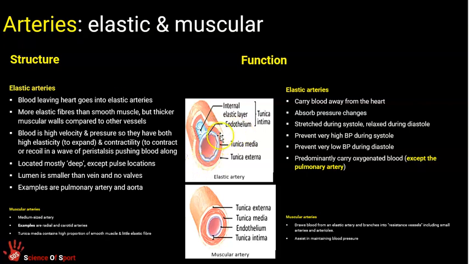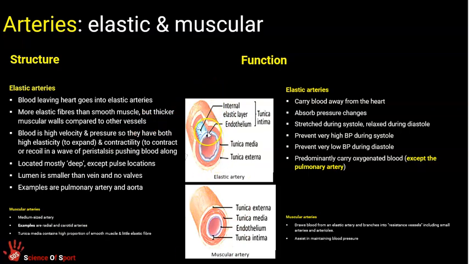So we need to have some elastic tissue, an elastic muscular layer in the walls of arteries to cope with the expansion and the recoil, each time the heart pumps blood through them.